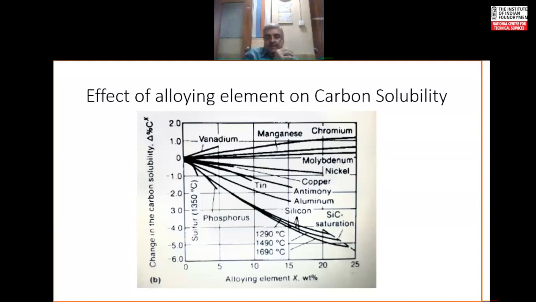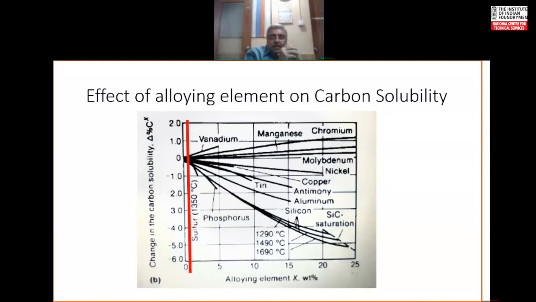See, in case of cast irons, the actual presence of these elements, unless for some alloying purpose higher addition levels are there, will be towards a very low end of the spectrum. I have shown a table of typical compositions for various grades of irons.